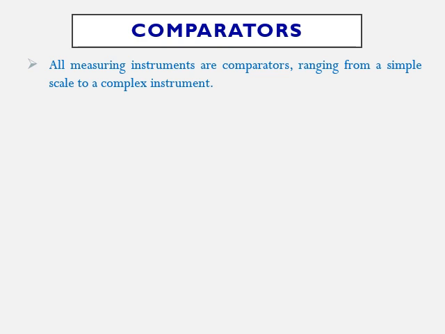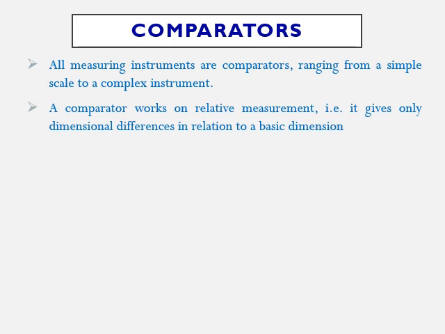In measuring instruments we exactly measure the actual dimensions. So all measuring instruments are generally comparators, because there also we compare the standard scale with the unknown physical quantity. From a simple scale to a complex instrument, all are comparators.